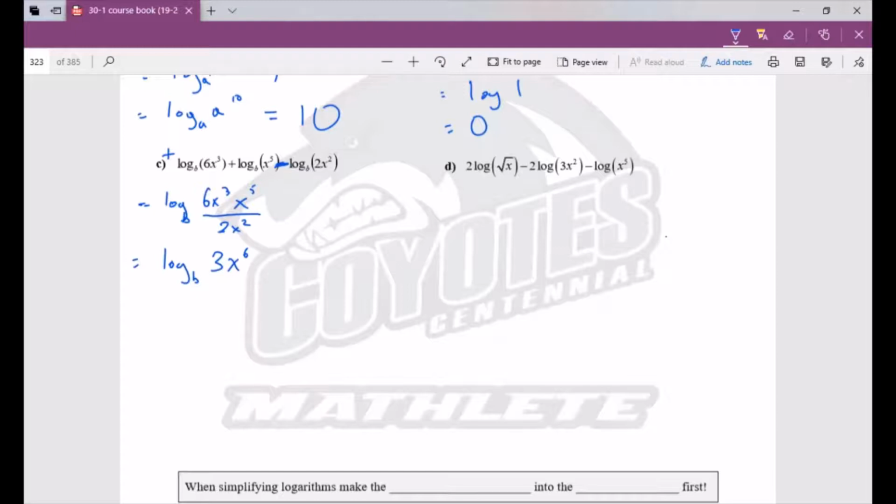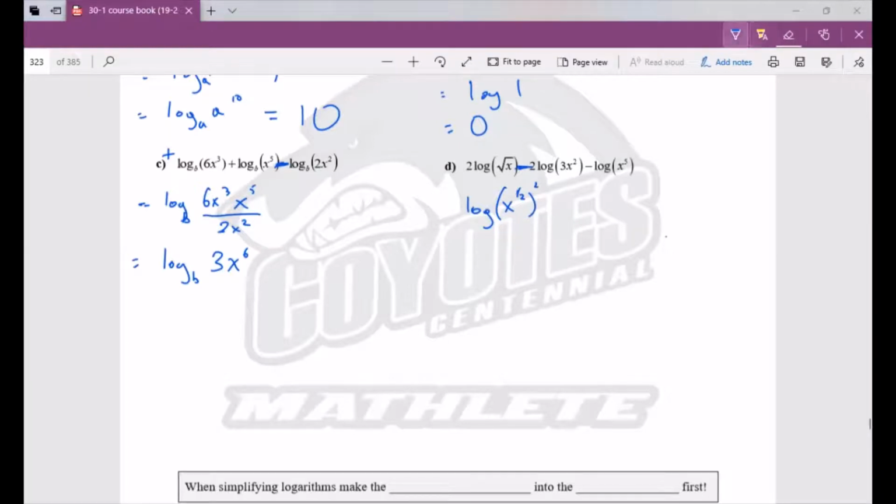All right, in this next one, a couple of extra wrinkles thrown at us. We have x to the half, which is your square root, but we're bringing that coefficient of 2 inside, so it's the logarithm of x to the 1/2, all to the 2. We have this term subtracting, so maybe I'll do this in an extra step.